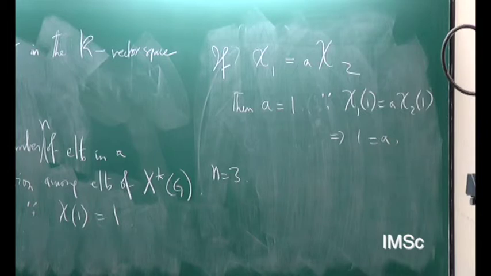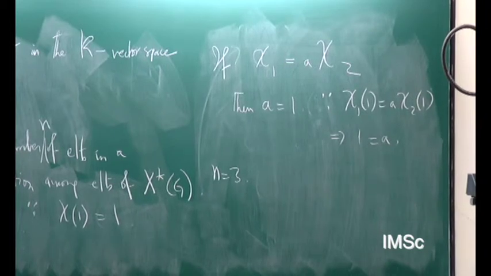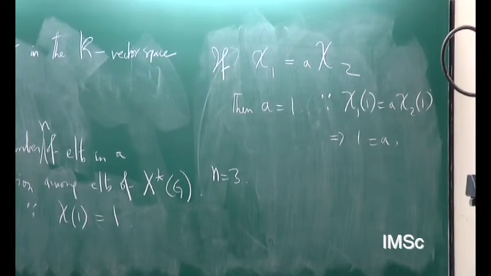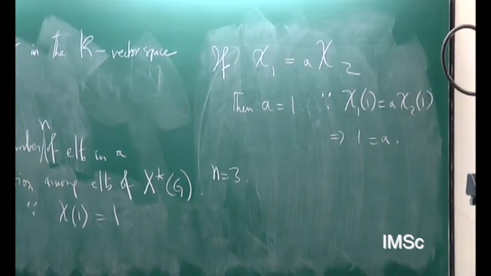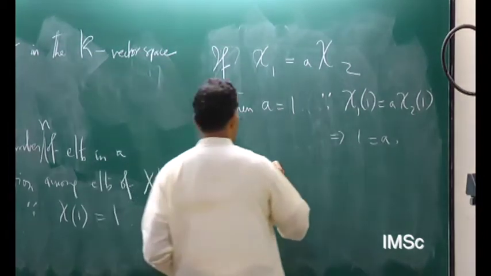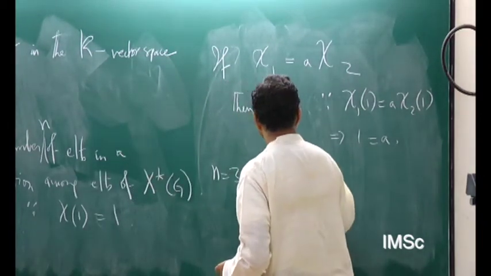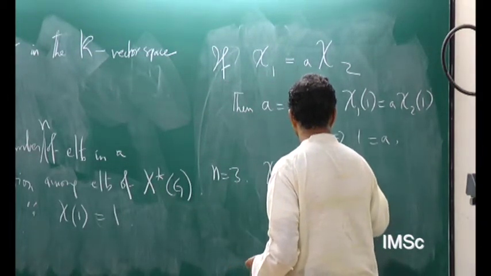And once again, by multiplying by the inverse of the first coefficient, you can always think of chi 1 as equal to a2 chi 2 plus a3 chi 3. You can write that.